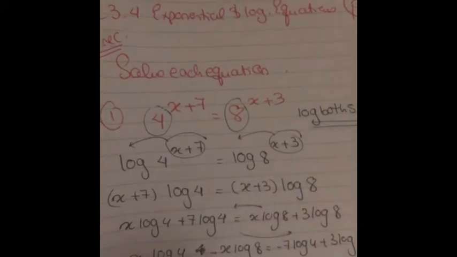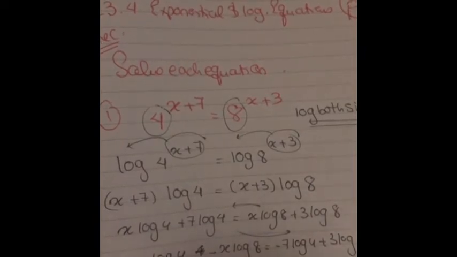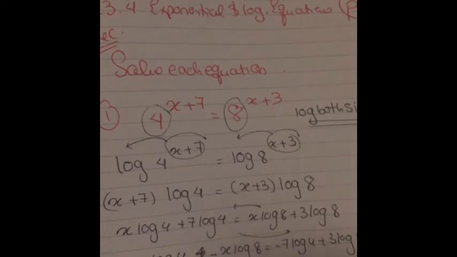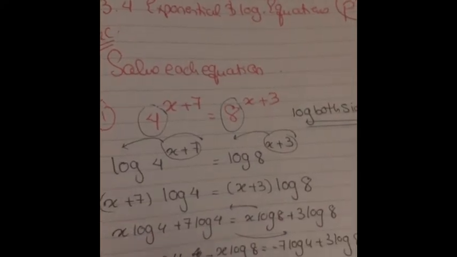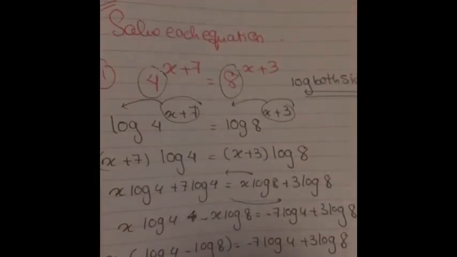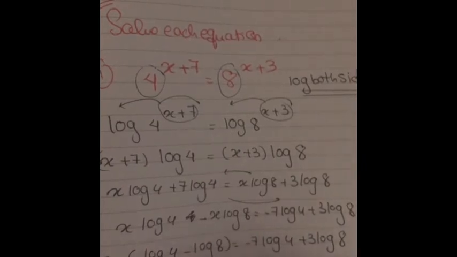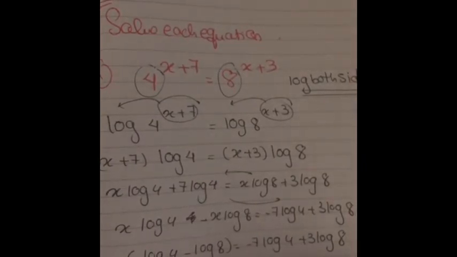And then take x as a common factor. x times (log 4 minus log 8) equals negative 7 log 4 plus 3 log 8. And then isolate x. x will equal negative 7 log 4 plus 3 log 8 all over log 4 minus log 8.